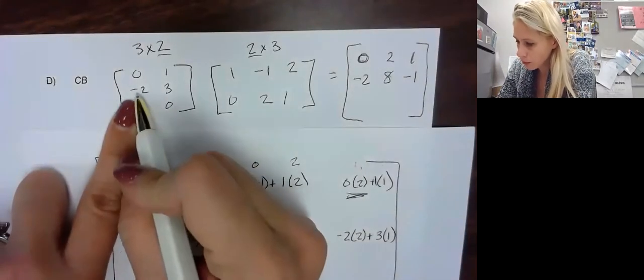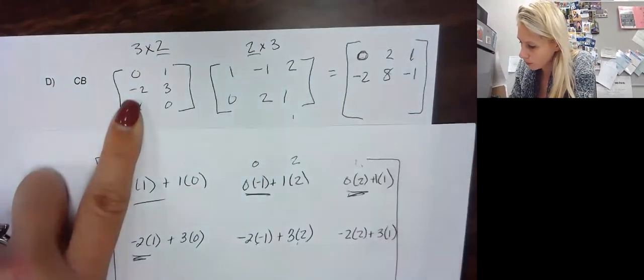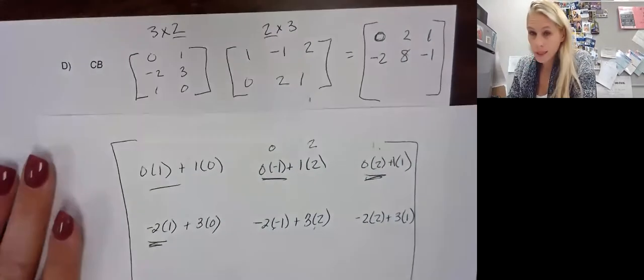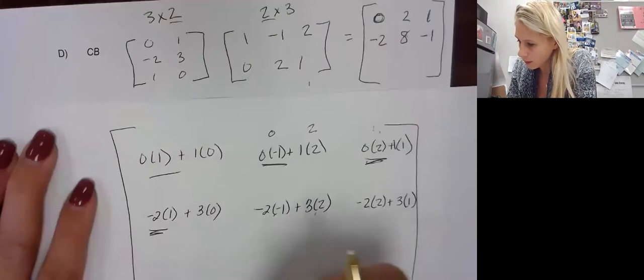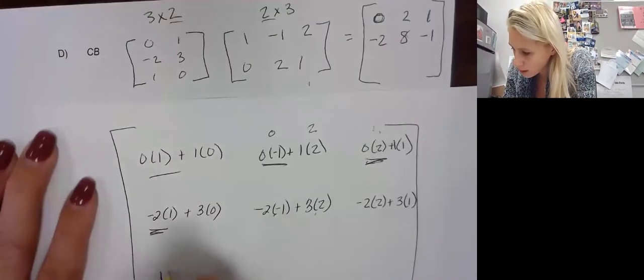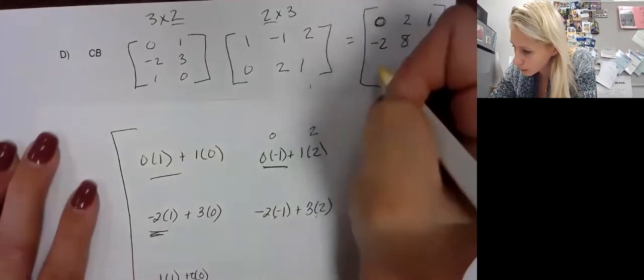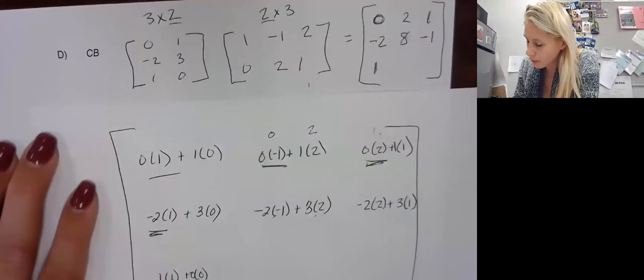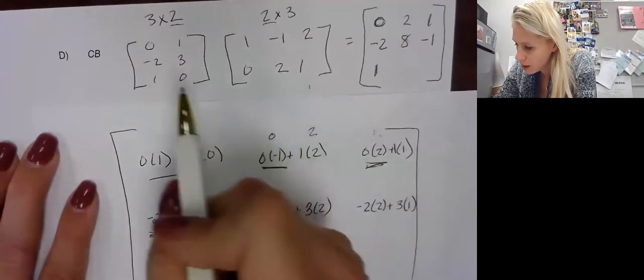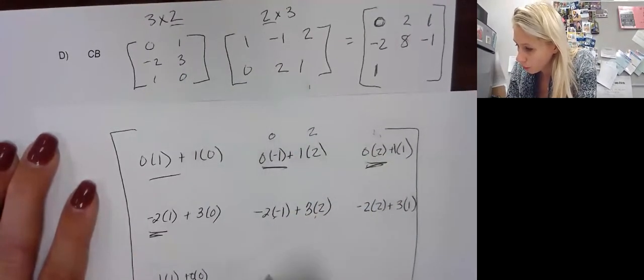Okay, so row 2, column 3. Last one. Let's see if you got this right. So this is 1 times 1 plus 0 times 0, which of course is 1. Be careful on your multiplication and addition. Okay, row 3, column 2.